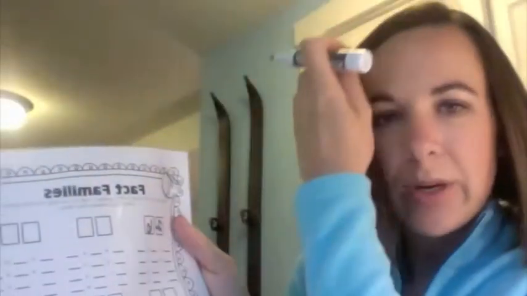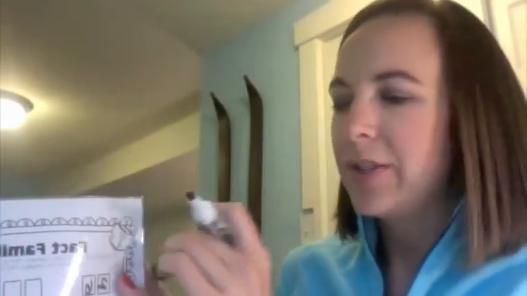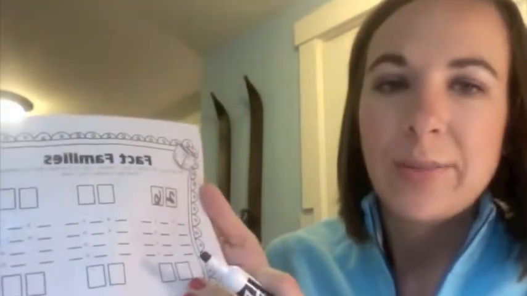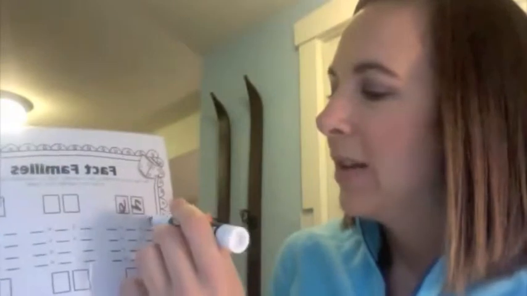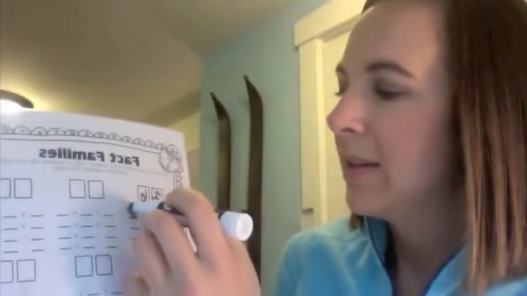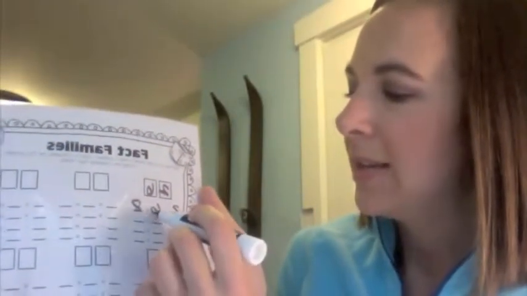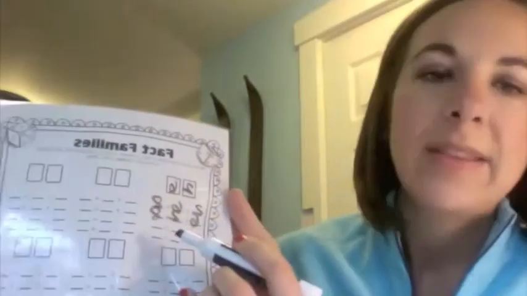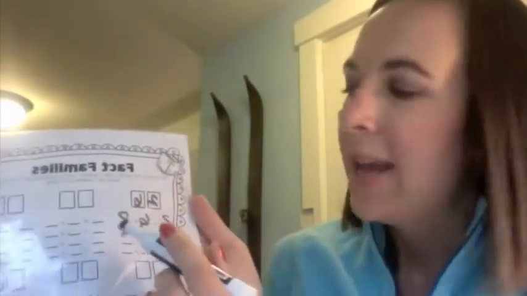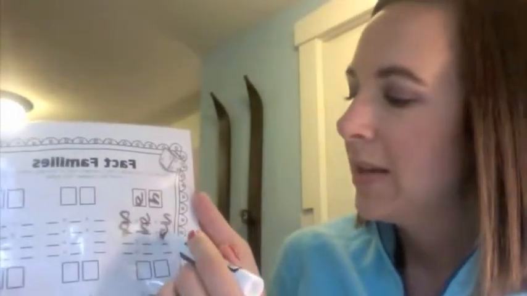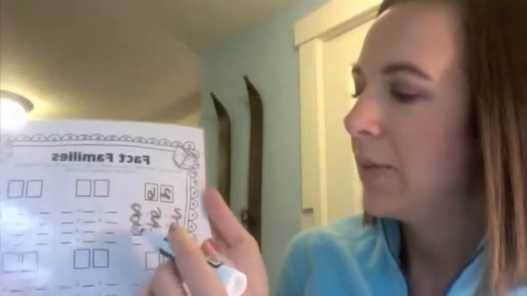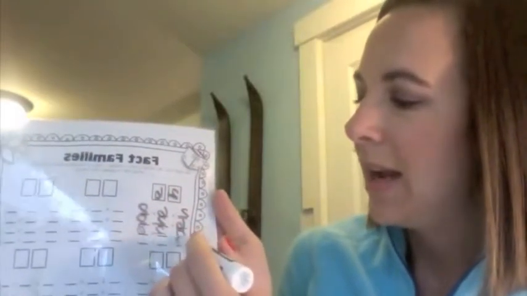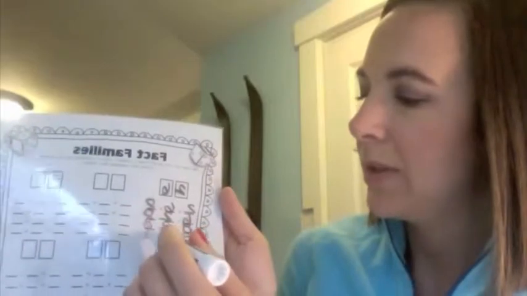What this worksheet in particular is trying to demonstrate is the similarities between addition and subtraction, and how adding 2 plus 6 is the same as adding 6 plus 2. Then when you do subtraction, it will show you that 8 minus 2 equals 6, and that 8 minus 6 equals 2.